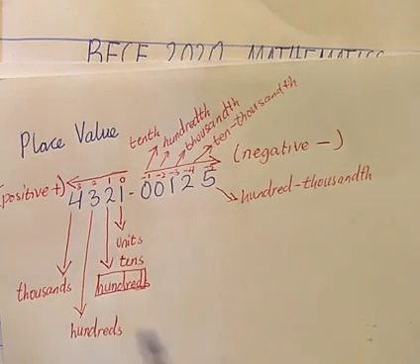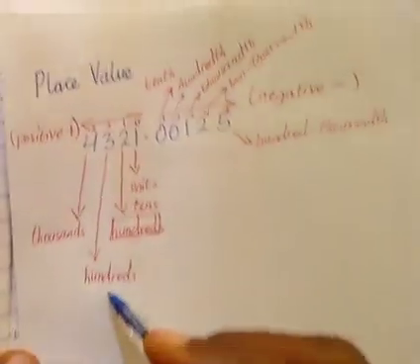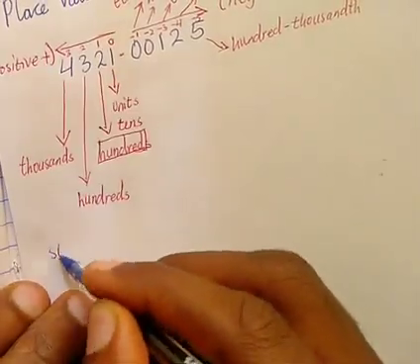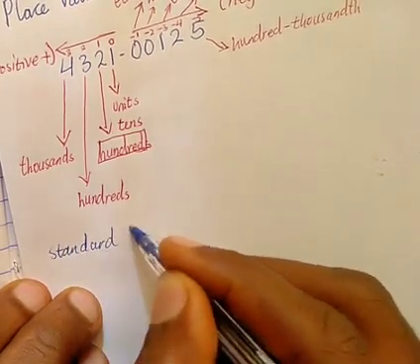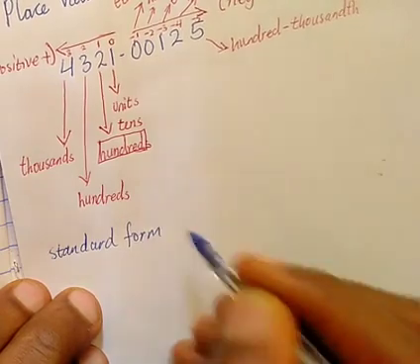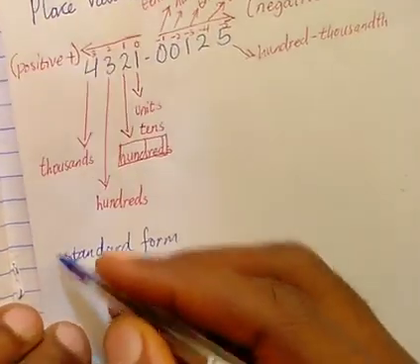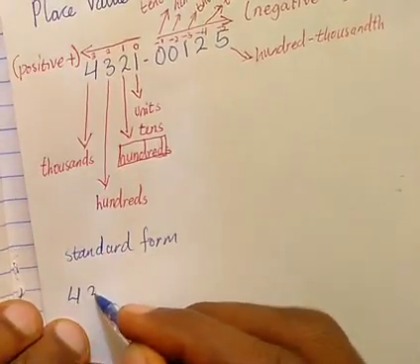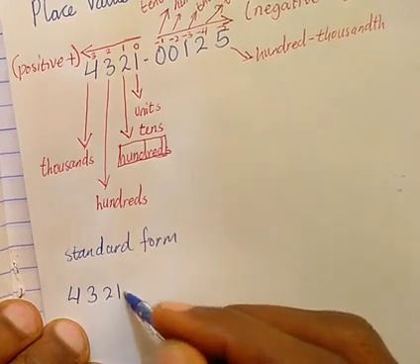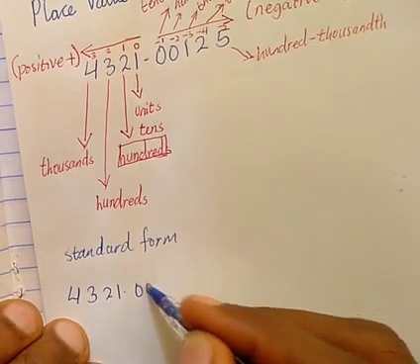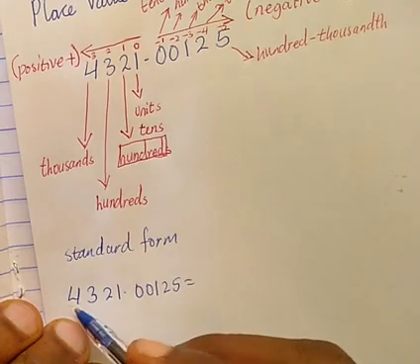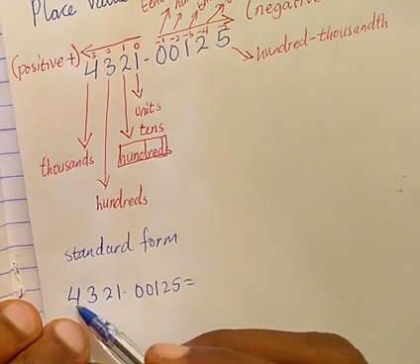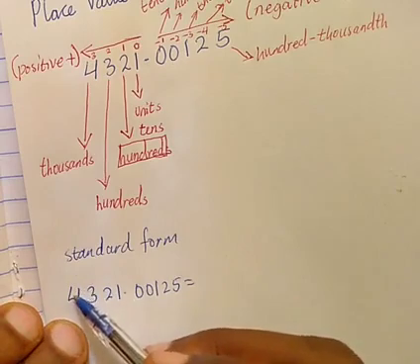For example, now if you want to write this in standard form, 4321.00125. The first digit here that is not 0 is what? It is 4.